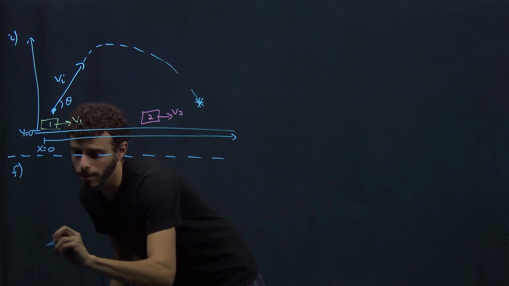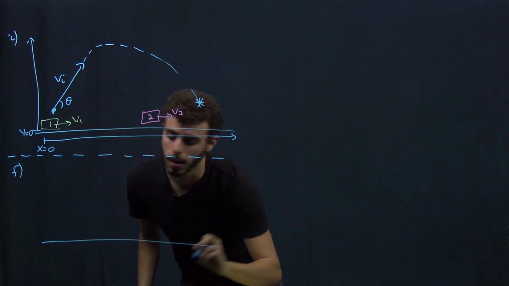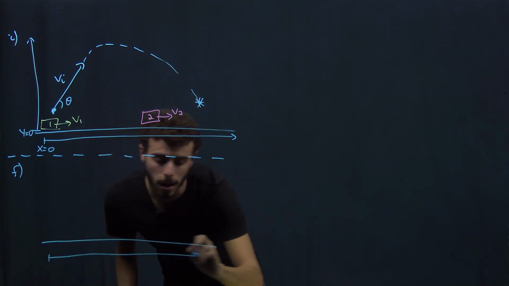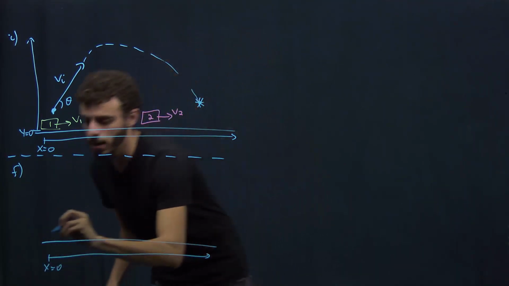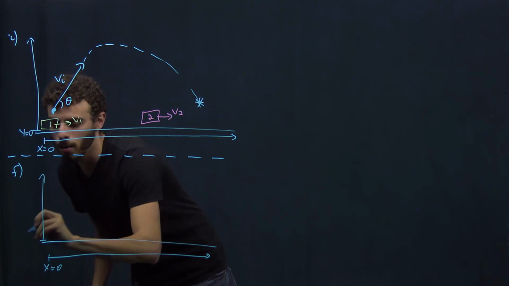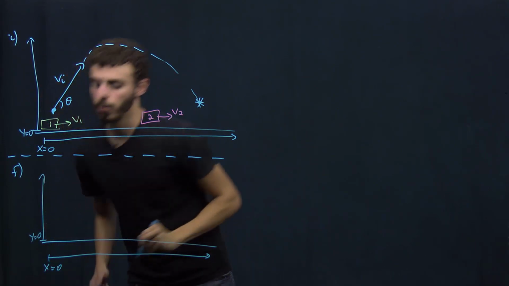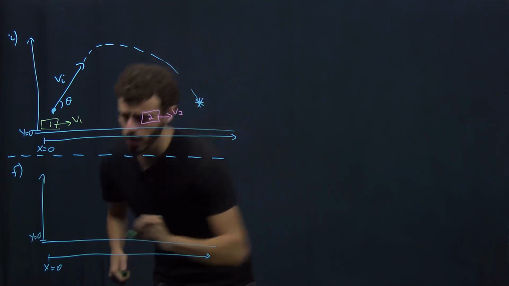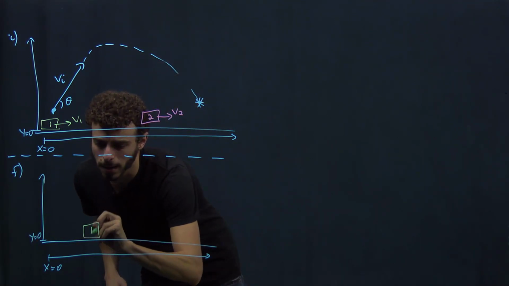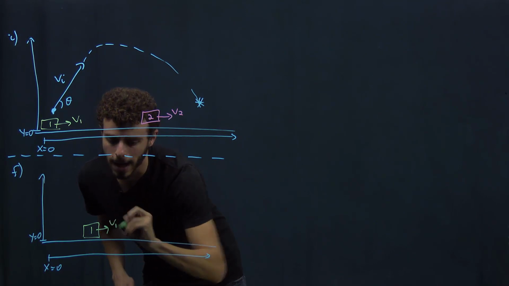And what I'm going to do now is draw down here that scenario where it has just landed. Similarly down here we can draw our ground, and then we can draw our coordinate, x equals 0 will be this position. Again, y equals 0 will be here. So this corner is still x equals 0, y equals 0. Now tank 1 will have moved to the right some amount, and it still has some velocity.